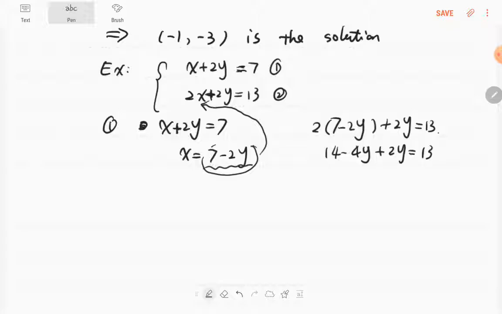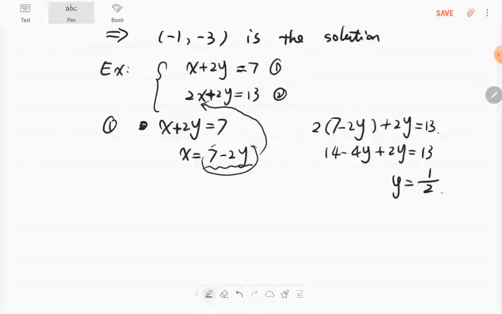y is equal to half. Because here we will have negative 2y equals negative 1. So y is equal to 1/2.